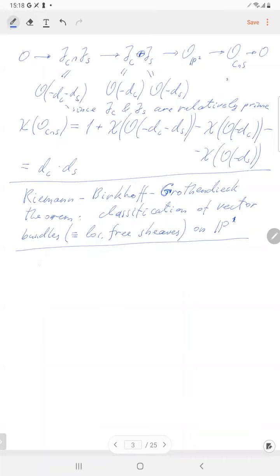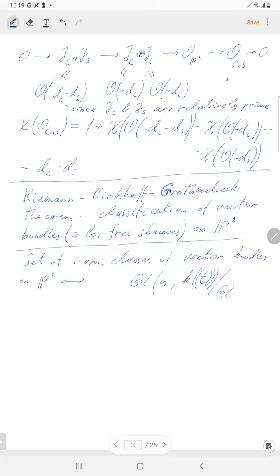Because this set of isomorphism classes of vector bundles on, say, P1, in fact, on other curves as well, is naturally in bijection with GL_n of the field K of formal Laurent series modulo GL_n with coefficients in the ring of polynomials in T inverse.